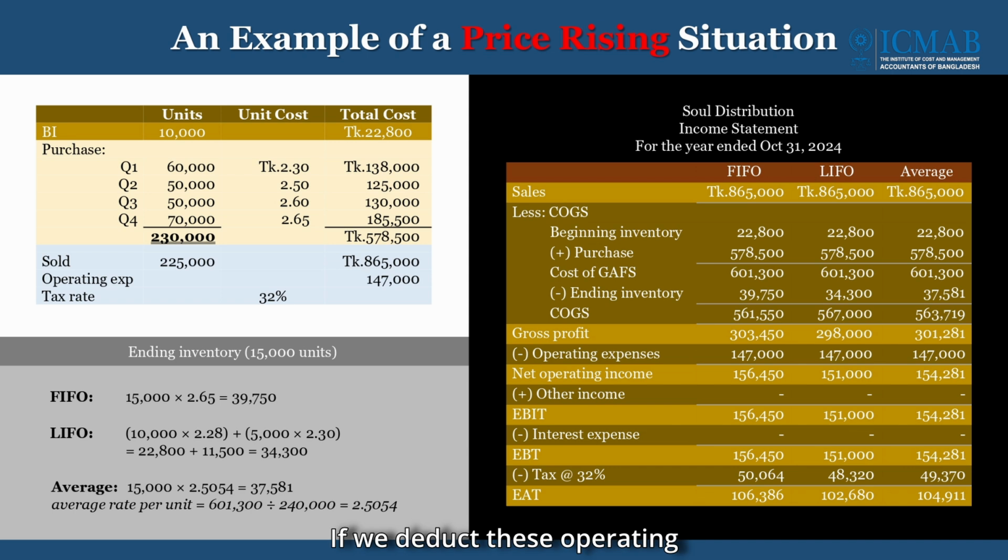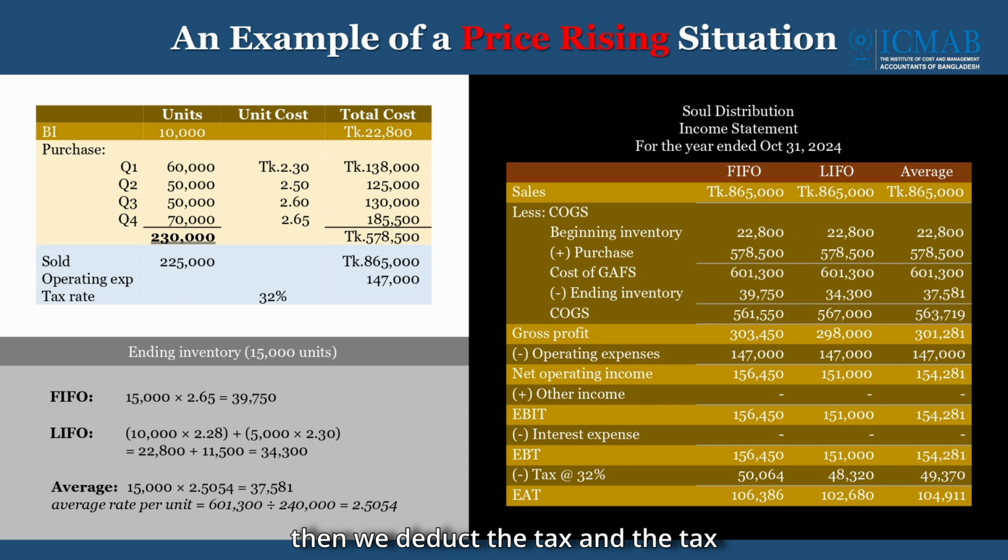Then if we deduct the operating expenses from gross profit, we will get the net operating income, which is 1,56,450 under the FIFO system, 1,51,000 under the LIFO system and 1,54,281 under the average system. Then we add other income, but there is no other income, so earnings before interest and tax remains the same value. Then we deduct the interest expense and there is no amount, so it also remains the same value.